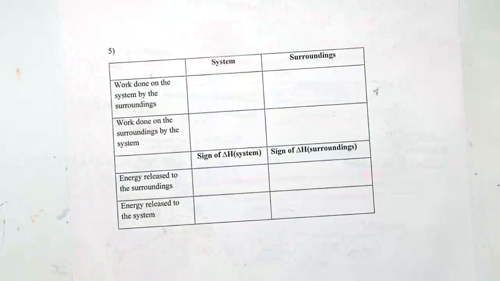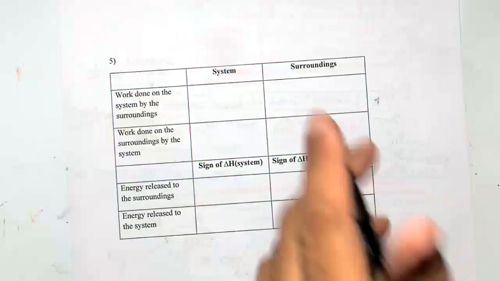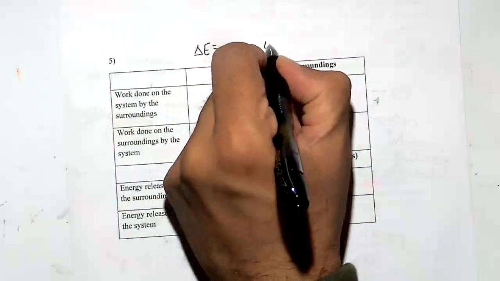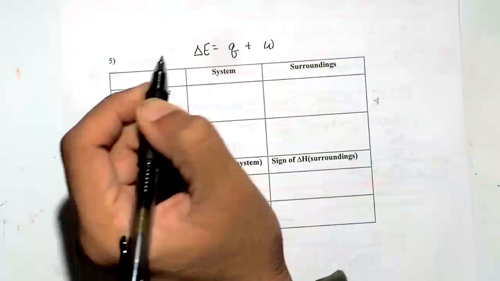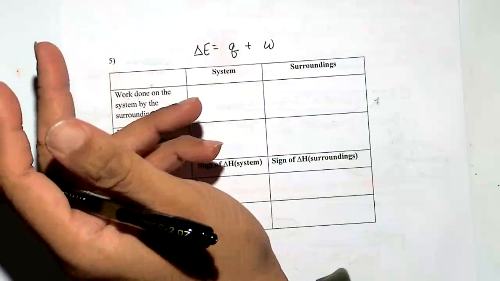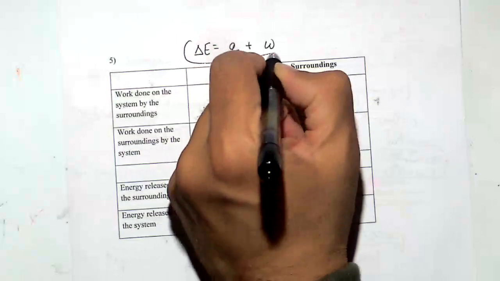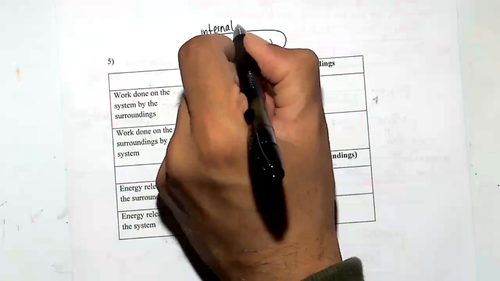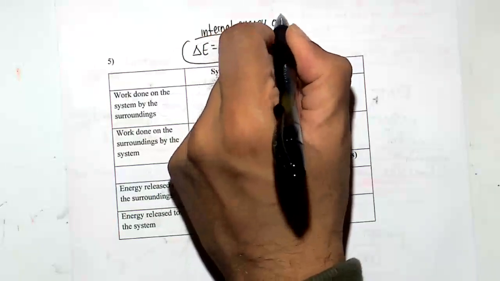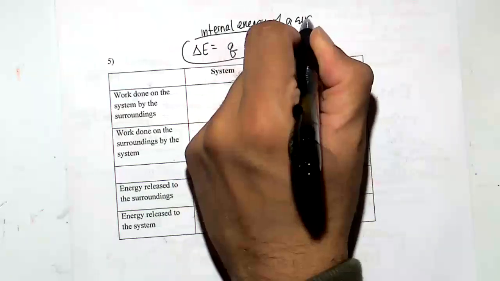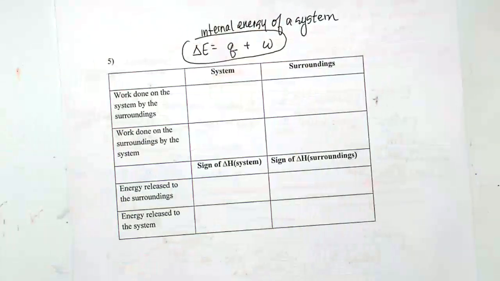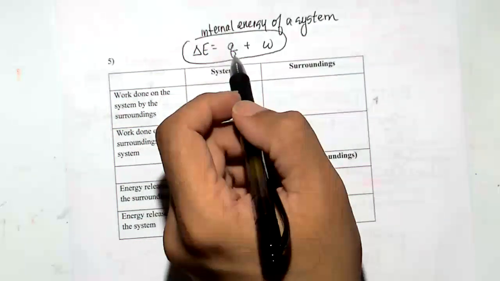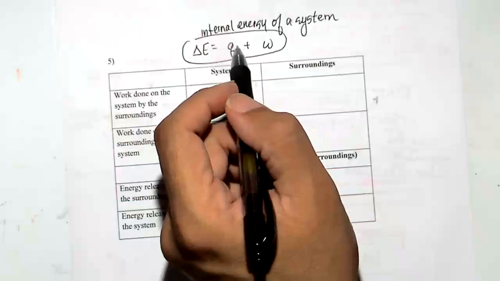Okay, so there's different types of heat, energies. There's many different types of energies. But overall, the energy can do work, or it can be lost as heat, or taken in as heat. So the total internal energy is Q plus W. In the internal energy of the system, Q contributes, work contributes.